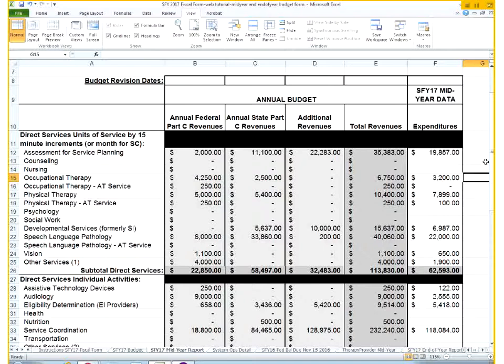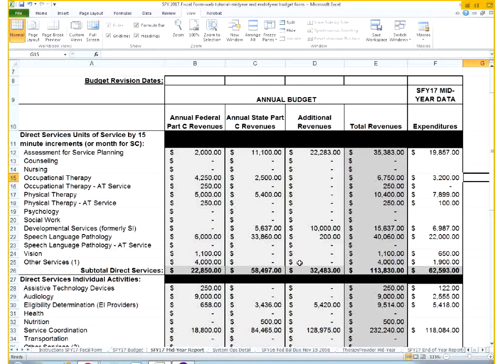Now, I know there are still bills coming in and probably something sitting on somebody's desk right now. However, we just want to go based on what has been received and already paid out by the local system.